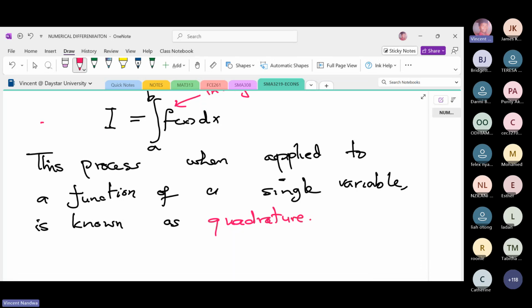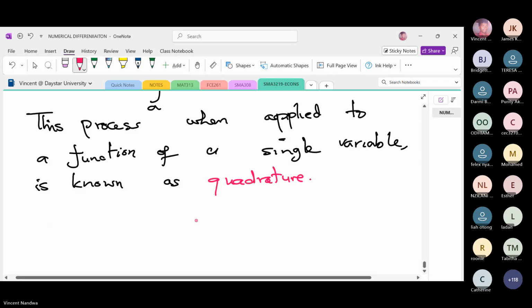So the way we treat the problem of numerical integration is the same way we treat the problem of numerical differentiation. It is from the interpolating formulas that we obtain the formulas to carry out the integration process.